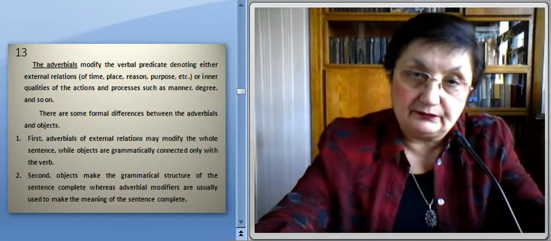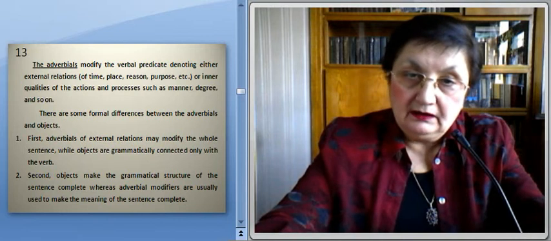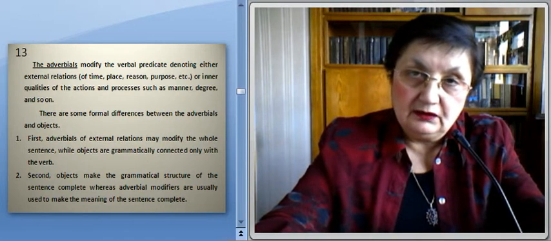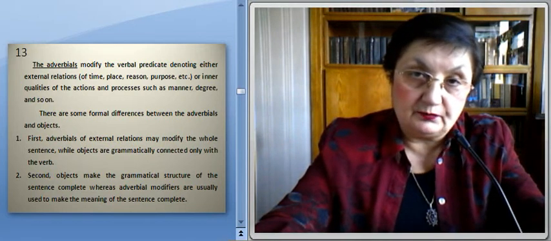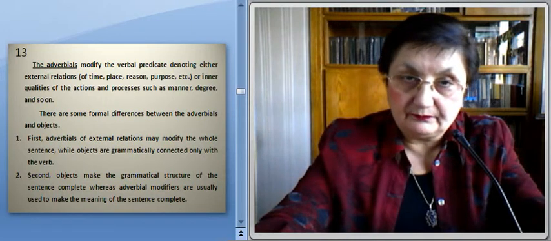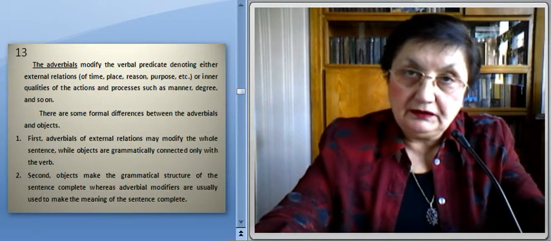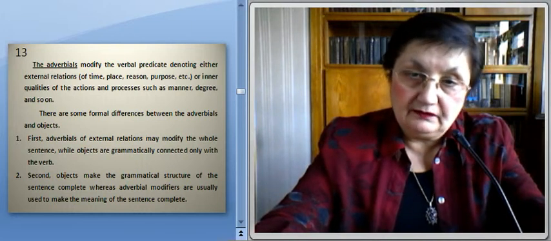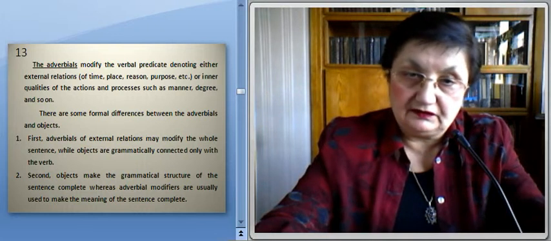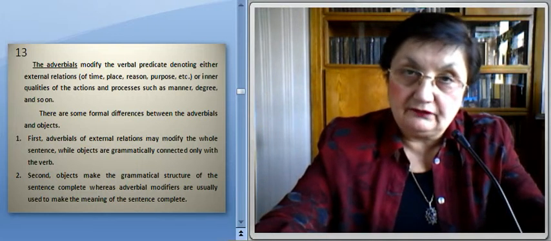First, adverbials of external relations may modify the whole sentence, while objects are grammatically connected only with the verb. Second, objects make the grammatical structure of the sentence complete, whereas adverbial modifiers are usually used to make the meaning of the sentence complete. Finally, the position of the object is fixed in English.